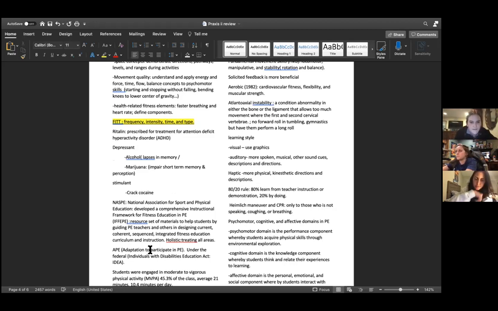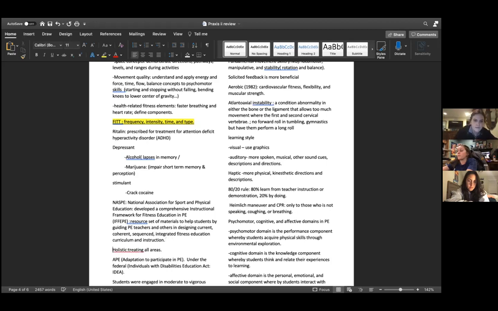IFFEPE, a resource set of materials to help students by guiding PE teachers and others in designing current, coherent, sequenced, integrated fitness education curriculum and instruction, holistic, treating all areas. The formatting of this is not so great.